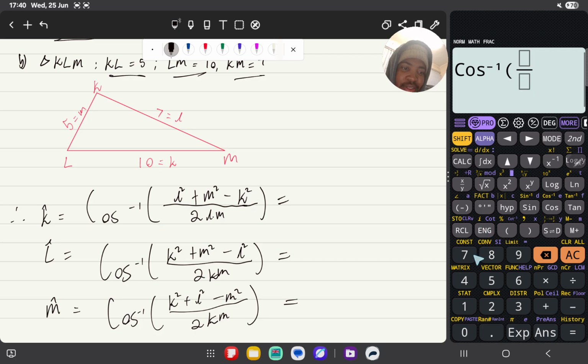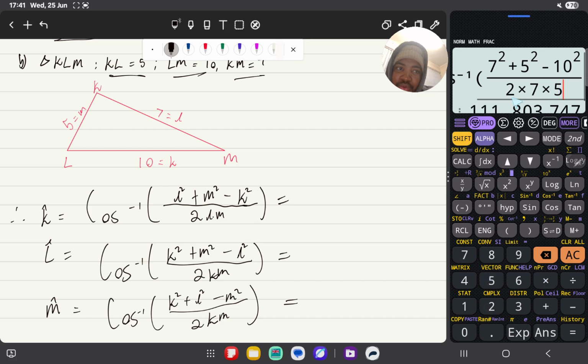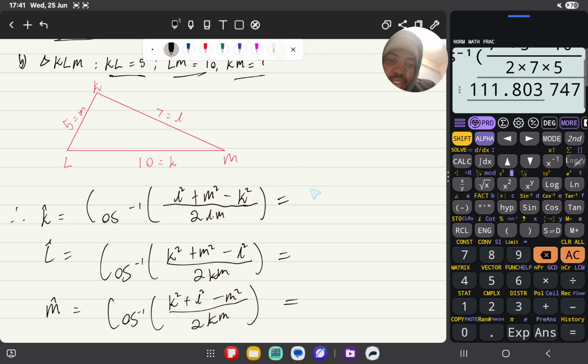L is 7, so we have 7 squared plus M, 5 squared, minus 10 squared, then here we have 2 times 7 times 5, and we are getting 111.8 degrees, right? Yeah.